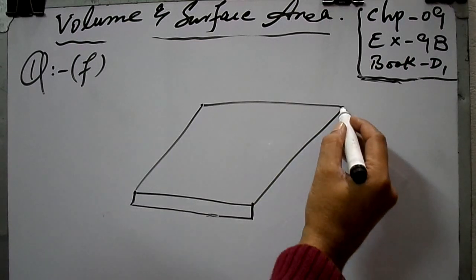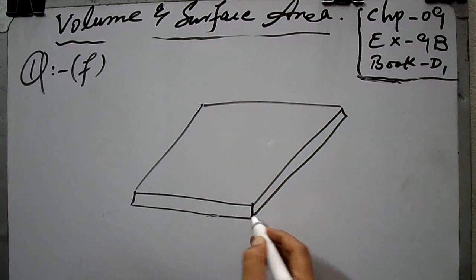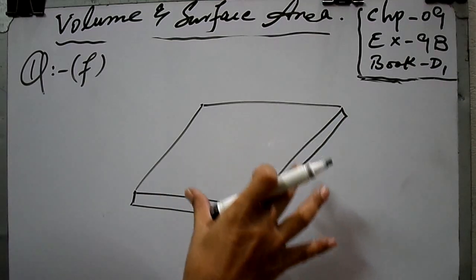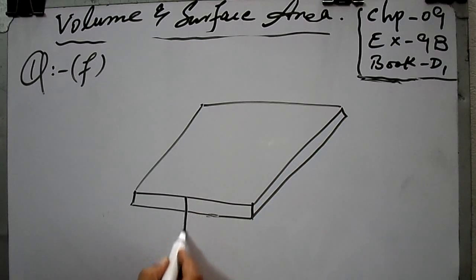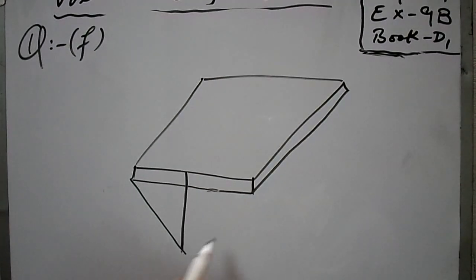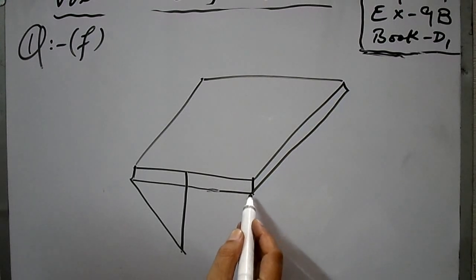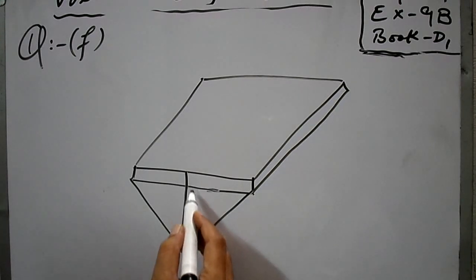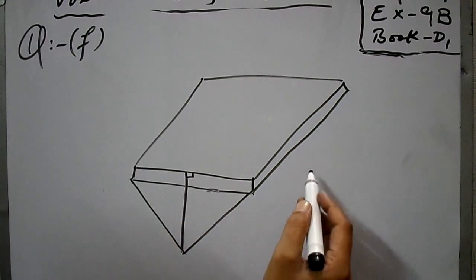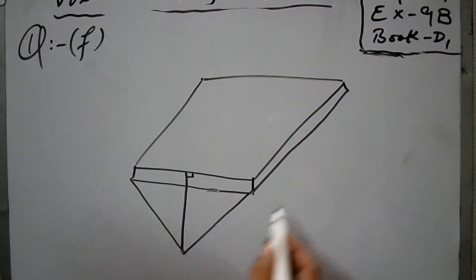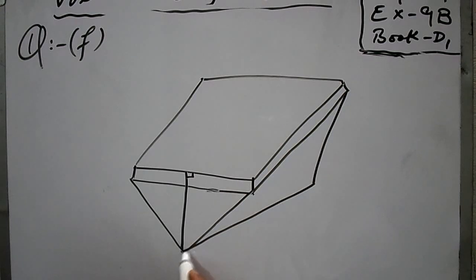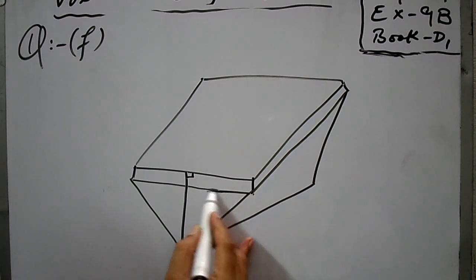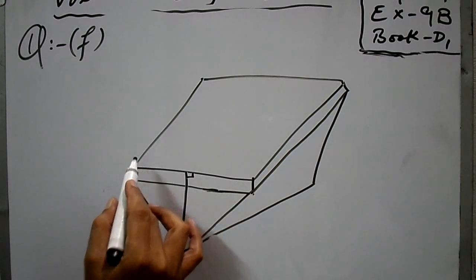And this is the rectangular shape. That is your one step, and that is your second step. You can see here the 90 degree angle. This style is given to you.